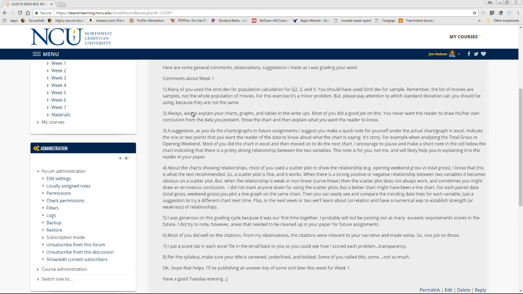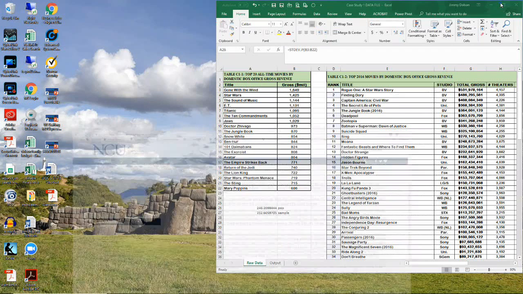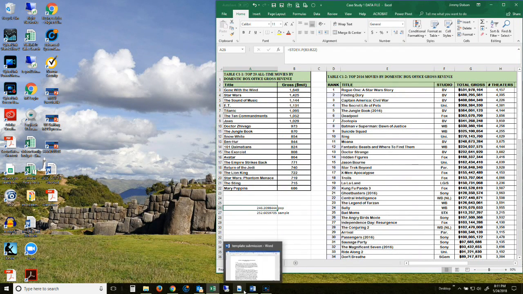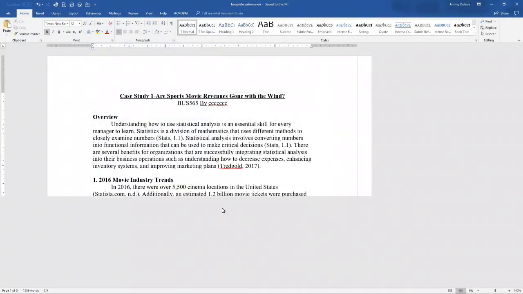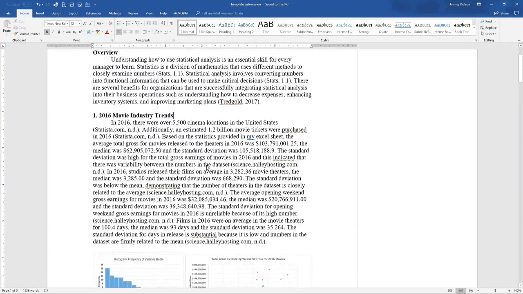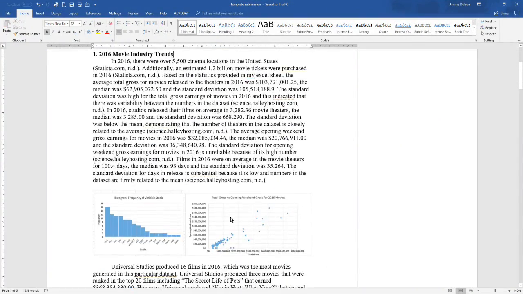A note that I had here: always explain your charts and graphs in the write-ups. When you're doing an explanation, let me show you just a sample paper here real quick. This one right here. This particular student explained data. He or she popped in the data here, explained it up here.